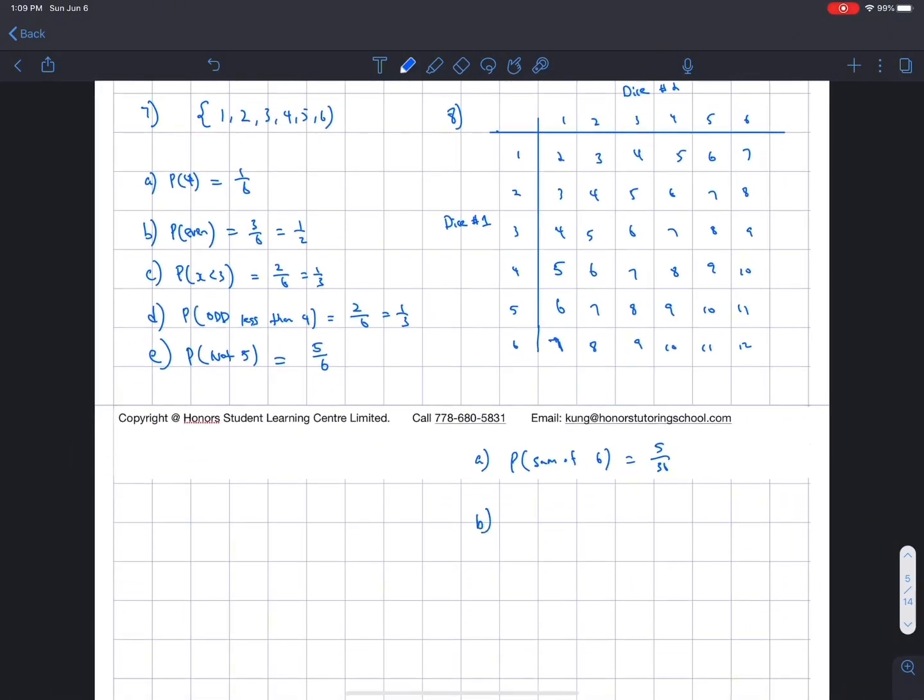B. Probability of doubles. Doubles just means 1, 1, 2, 2, 3, 3, 4, 4, 5, 5, 6, 6. So we only have 6 doubles. That's 6 out of a total of 36 possible outcomes again. I can simplify this to 1 out of 6.